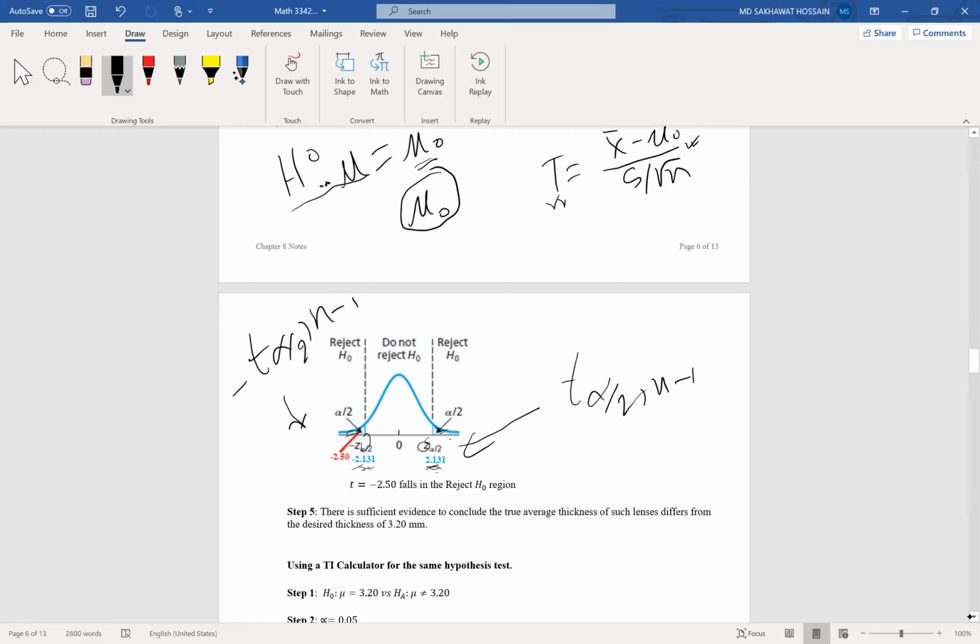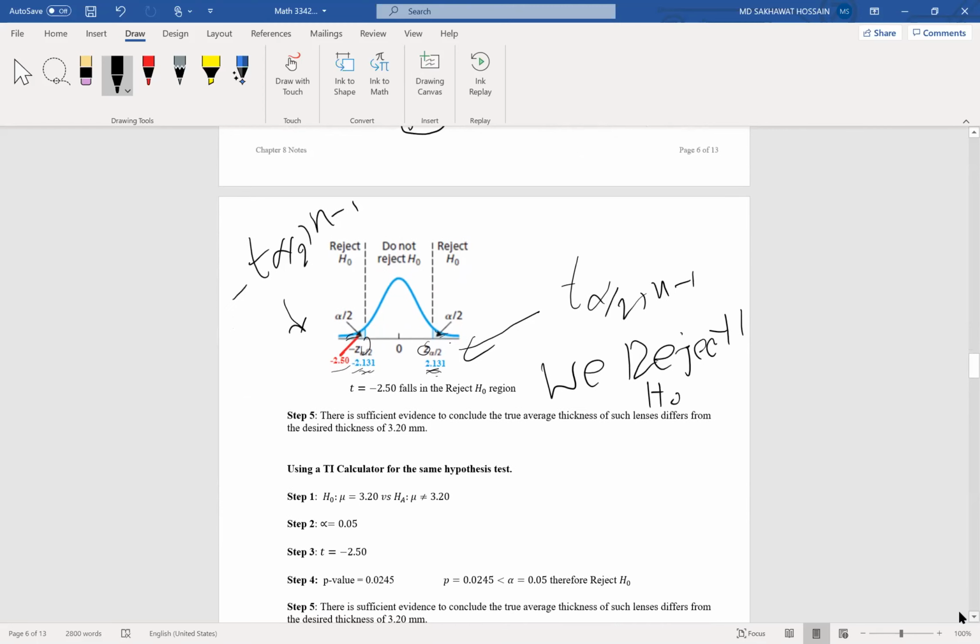The test statistics falls in the rejection region because negative 2.50 is less than negative 2.131. So we reject the null hypothesis.